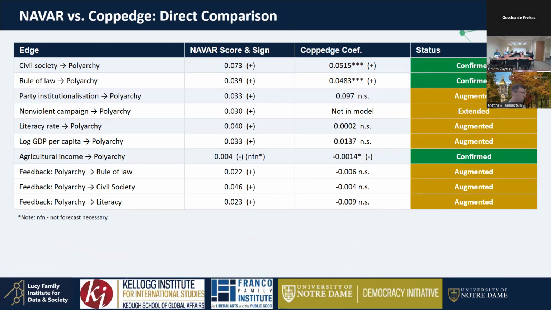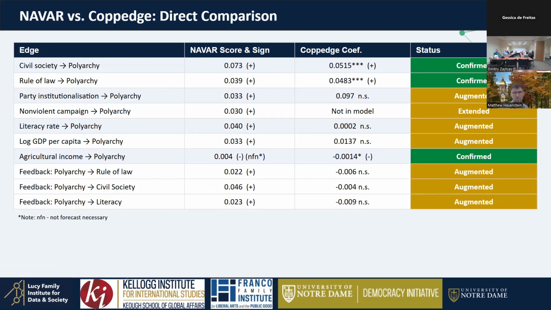We have found a relationship between effective party institutionalization and polyarchy that was not significant in the path model, but it's significant now. We can say the same thing about the impact of literacy on polyarchy and log GDP per capita on polyarchy, and these new feedback effects: polyarchy on the rule of law, polyarchy on civil society, polyarchy on literacy.